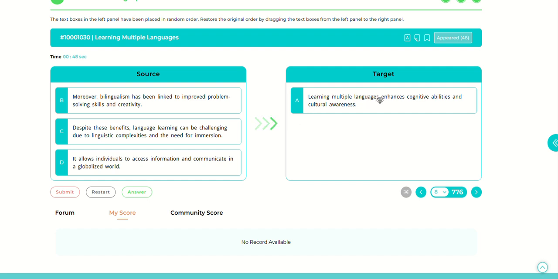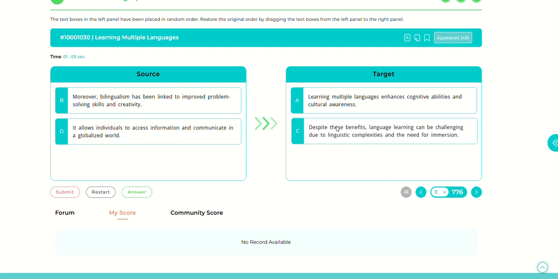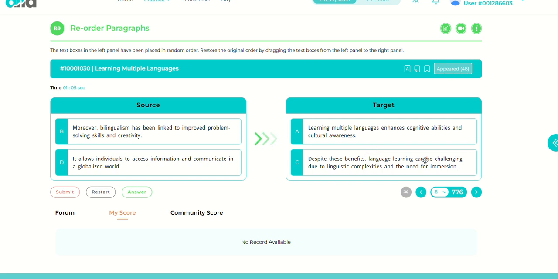So I think this one should be the first: learning multiple languages enhances cognitive abilities and cultural awareness. Despite these benefits, I think these benefits refers to that, so it would be the second one: language learning can be challenging due to linguistic complexity and the need for immersion.